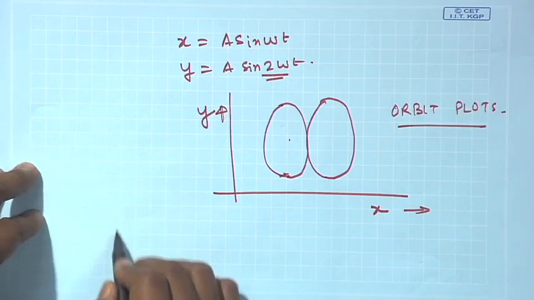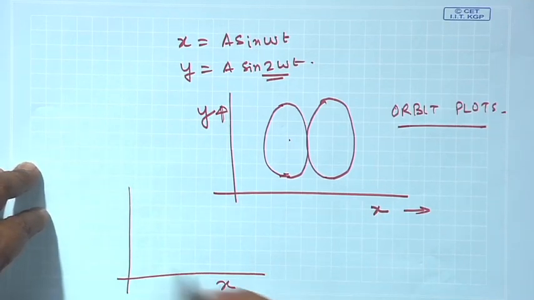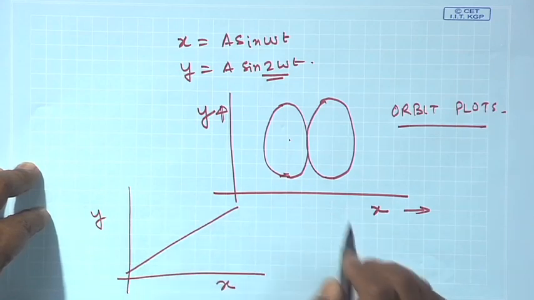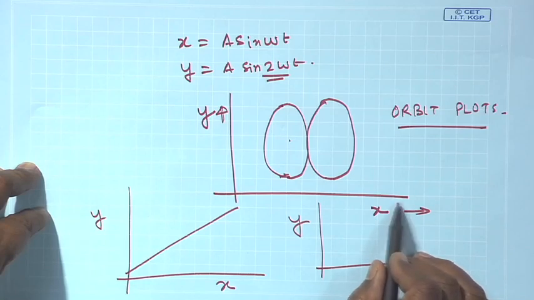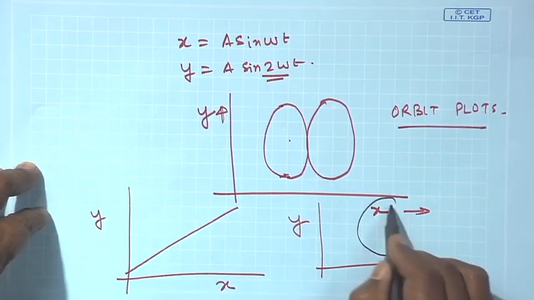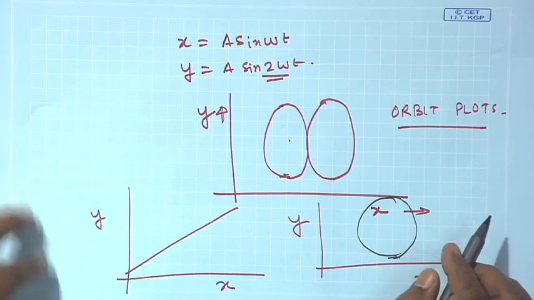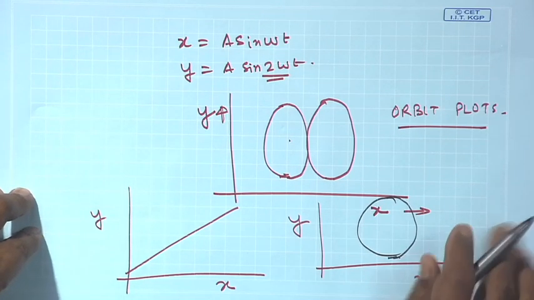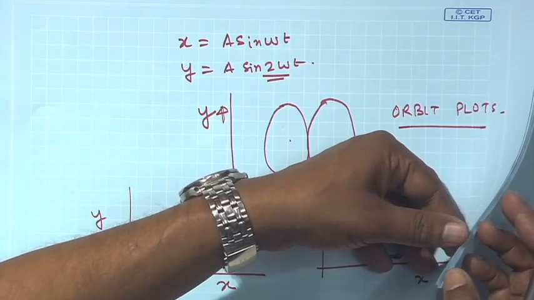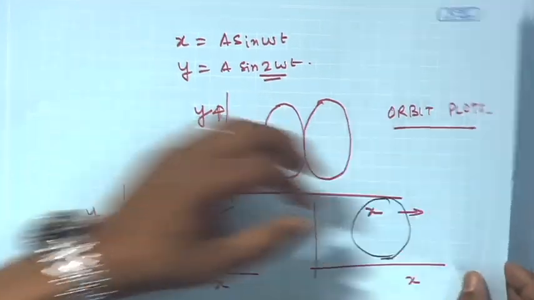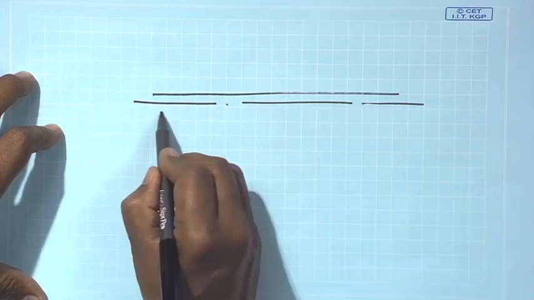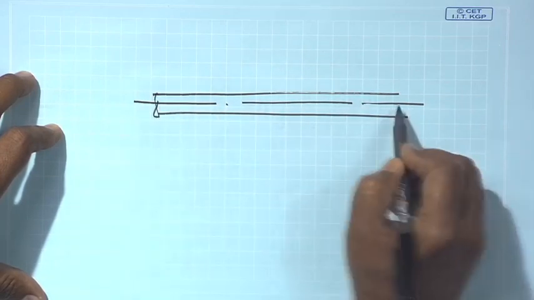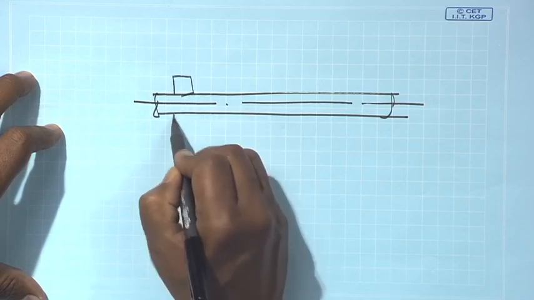Okay. If x is equal to y, I will get a straight line like this. If x and y have a 90-degree phase difference, I will get a plot like this. So, this kind of orbit plots we have seen are helpful in finding out the displacements or amplitudes in a shaft, which is rotating, supported on bearings.